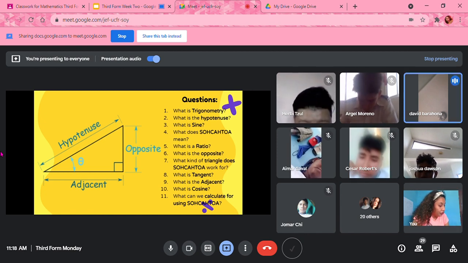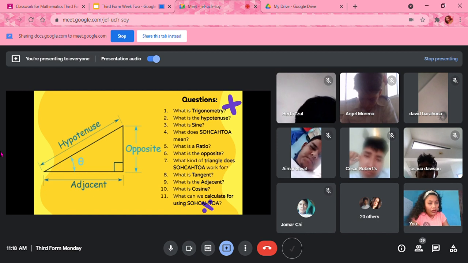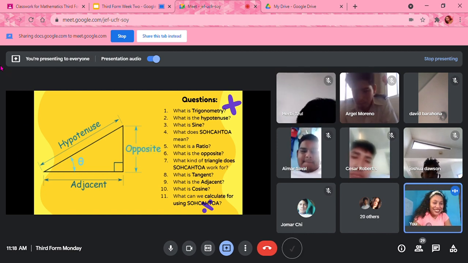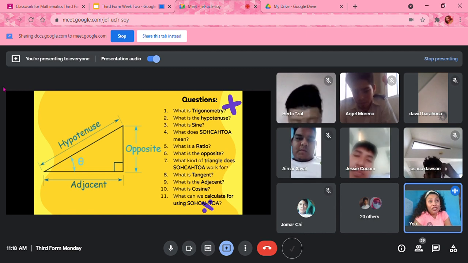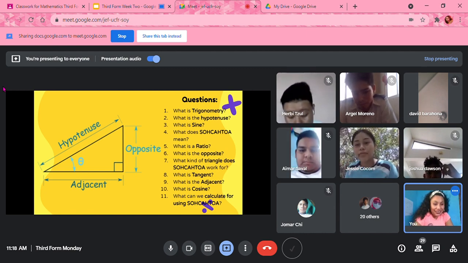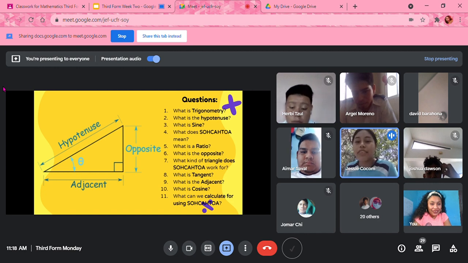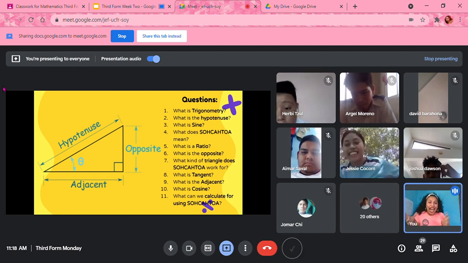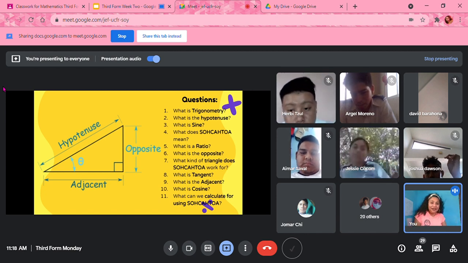It's the smaller side. Not necessarily. Well, it could be, but not always. Miss, it's like the opposite side of the theta. Very good, Jesse. The opposite is opposite to theta.